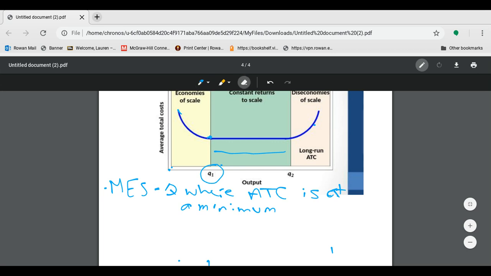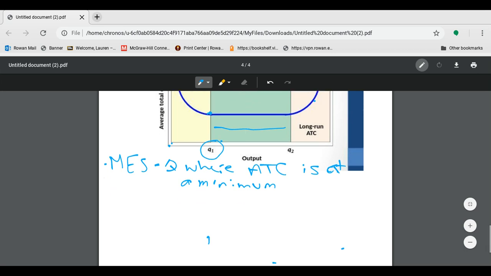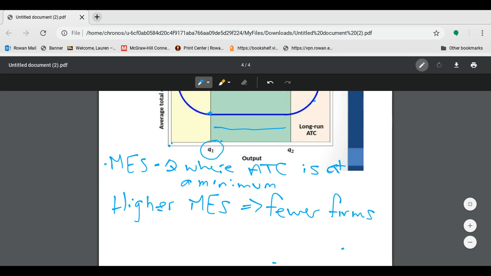Now, the MES is important to figure out how many firms are going to be in a market. If MES is high, there's going to be fewer firms. That means there's maybe more startup costs. So if that MES is at a high quantity, we have fewer firms, because the startup costs are really high.